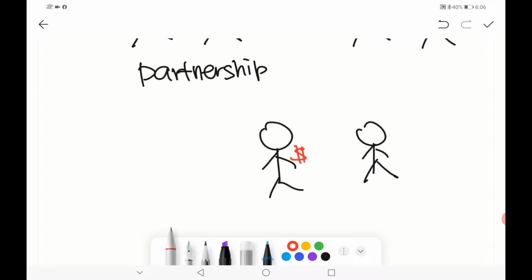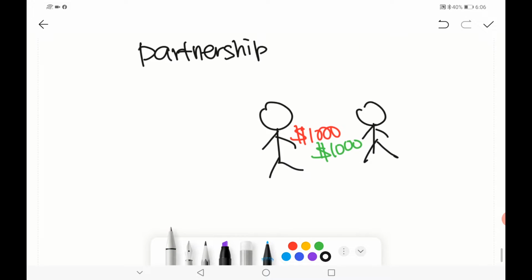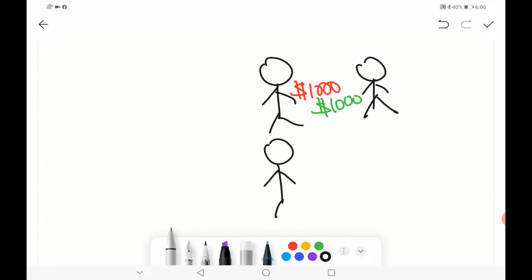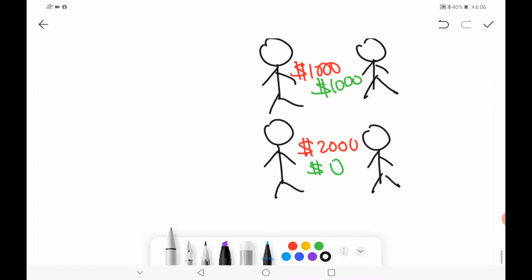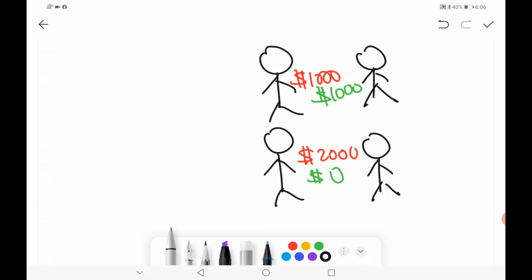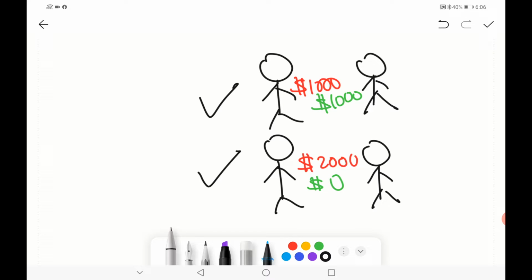A puts in 1,000, B puts in 1,000, so together they have 2,000. When you come to the dative bond, one fella shares 2,000, the other shares nothing. They still get a total of $2,000. So in both cases, you get 2,000 capital, but the way they share electrons is different.